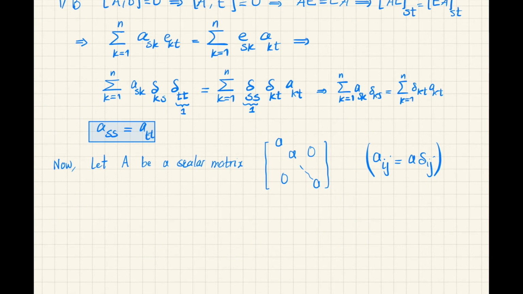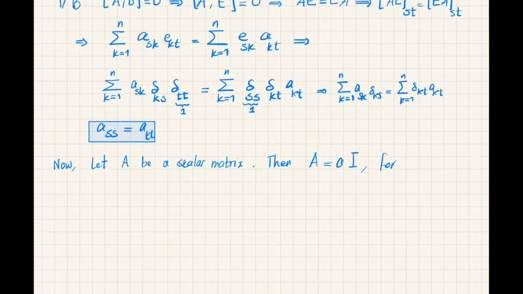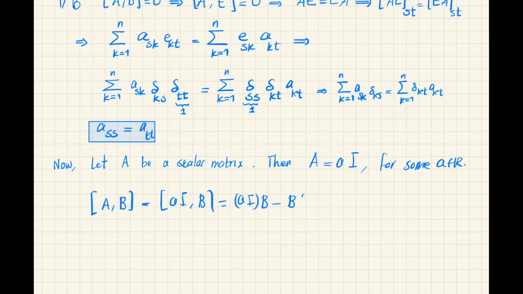Okay, then we know that this will commute. So by the way, this is very easy. I don't really need to prove that, because every scalar matrix, let A be a scalar matrix, then A is actually A times I for some A belonging to R. Yes? So then it is clear that A times B for any B is AIB, and this becomes AI times B minus B times AI, and this becomes AB minus AB, and that is the zero matrix.